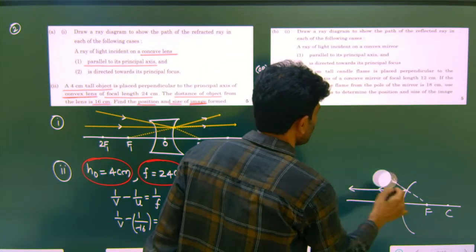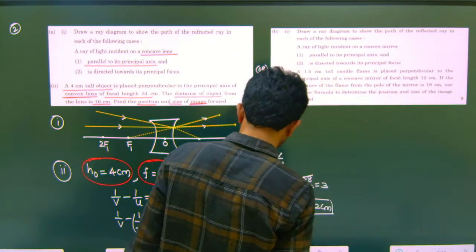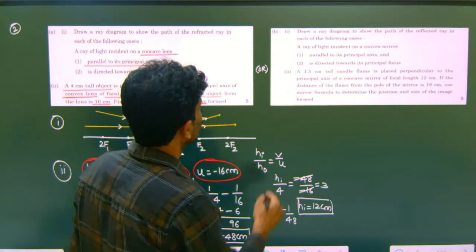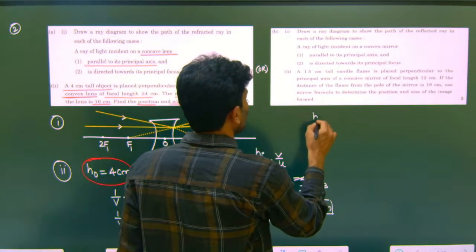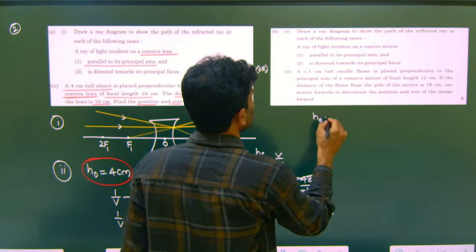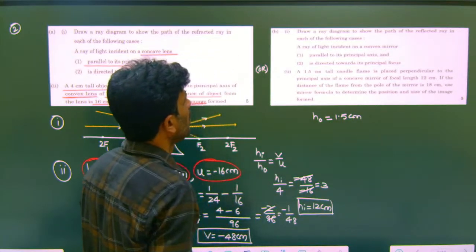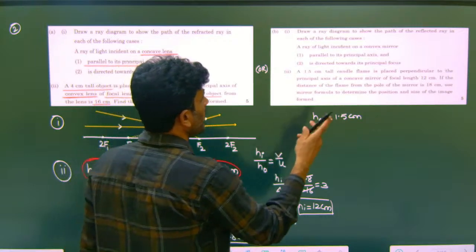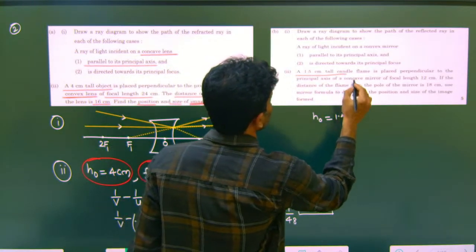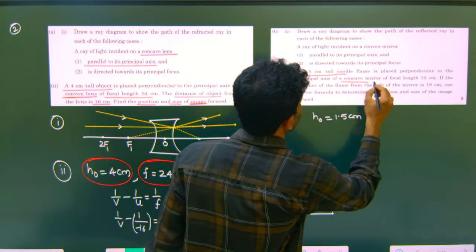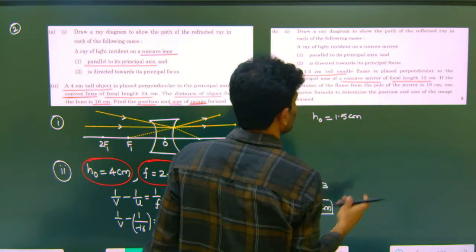The second question is a problem. Here the height of the object is given as 1.5 centimeters, and a concave mirror of focal length 12 centimeters.